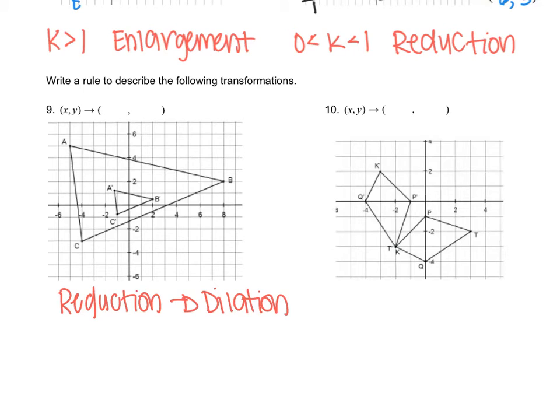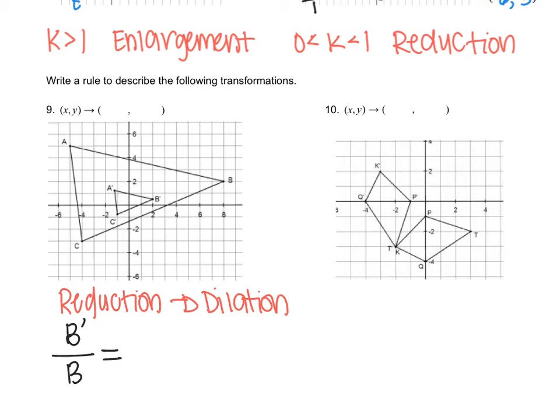So I'm going to pick the point B prime, and I'm going to put it over its original point B. You only have to pick one value from each of these points. I'm going to choose the X value from each to compare to figure out what my scale factor is.